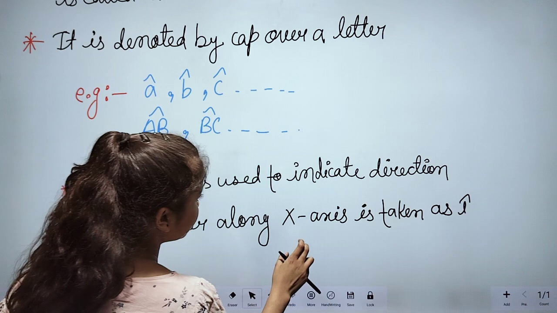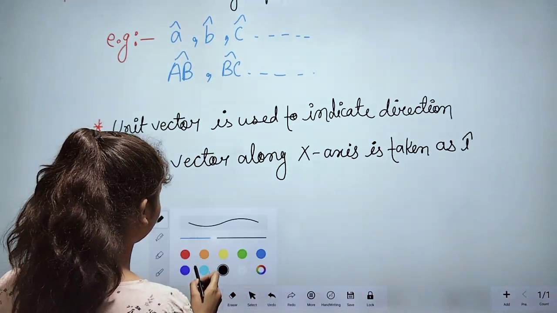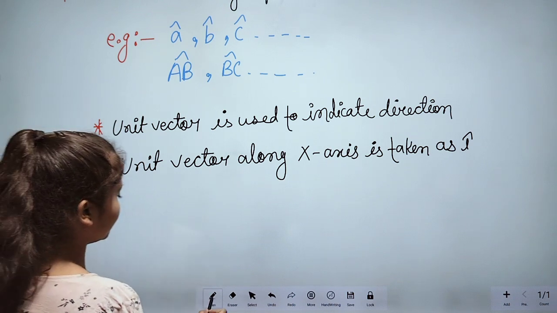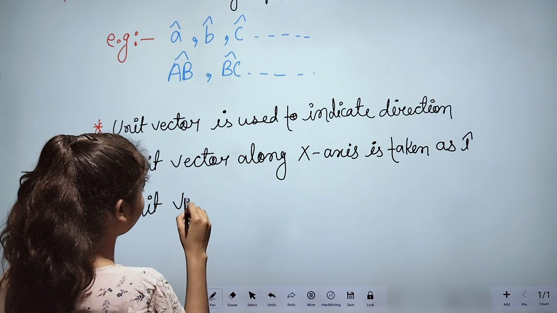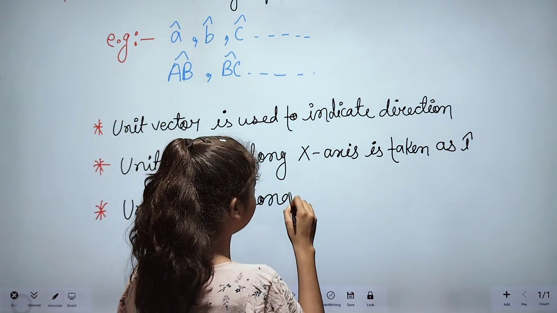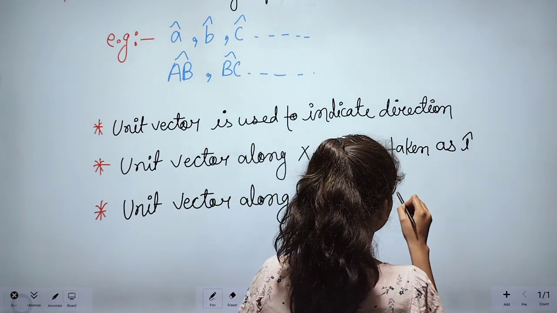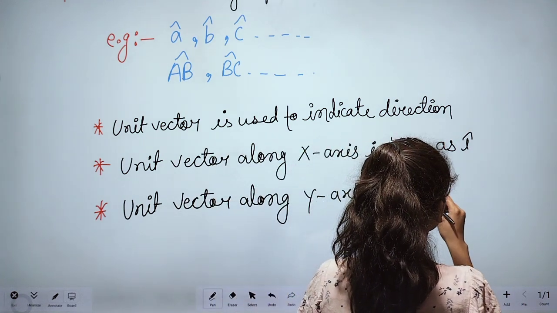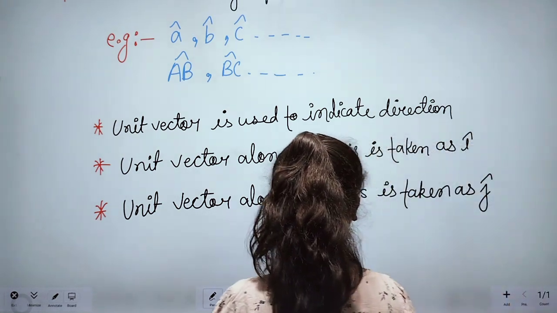Unit vector along x-axis is taken as i cap. Next point is the unit vector along the y-axis is taken as j cap.